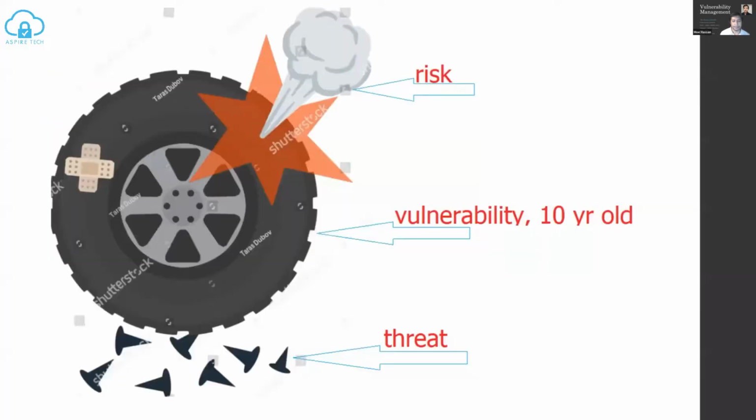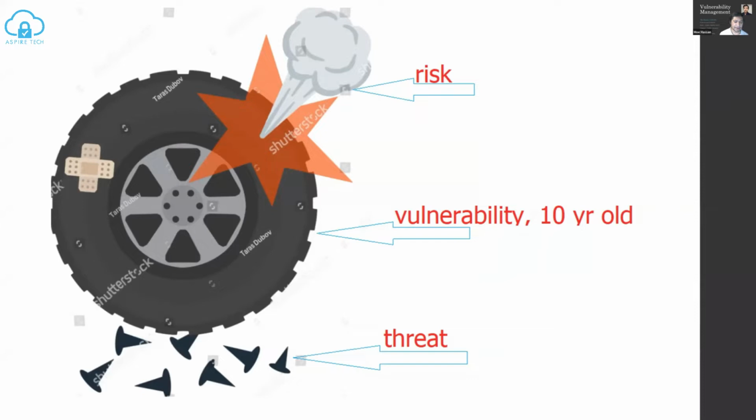Okay. So now that we have a basic understanding of those terms, let's try to visualize this scenario. In this picture, we see some nails on the road, and we see a tire. Now, in this case, the tire happens to be a decade old, 10 years old. So that means it's pretty old, right?